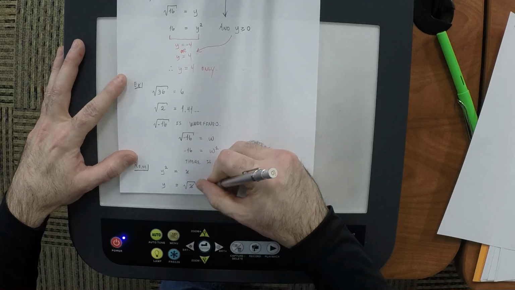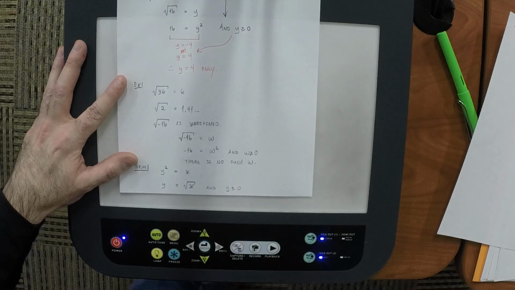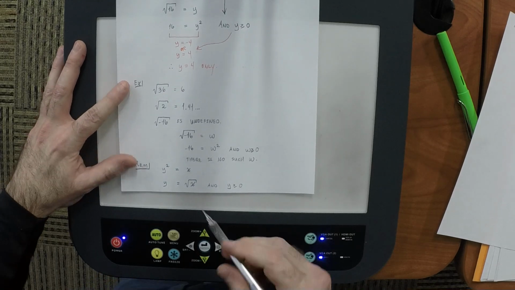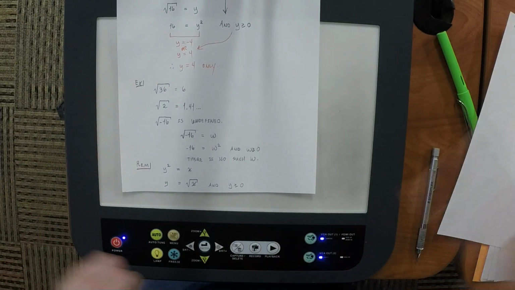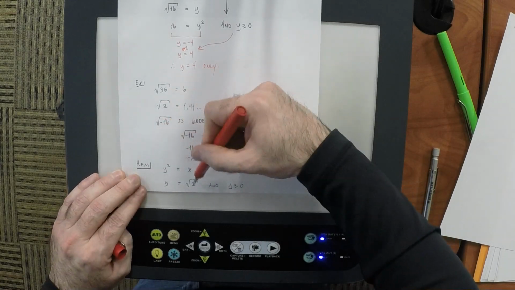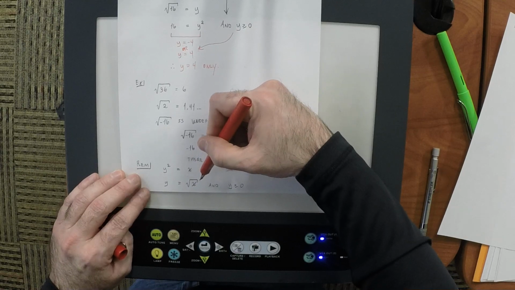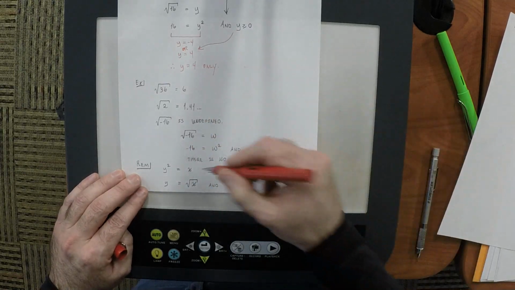You've got to remember the inequality bit, and y is greater than or equal to 0. So what I want you to observe is that that's a caret 2. And this symbol here, its name is radical. So that's the name of that shape, radical.